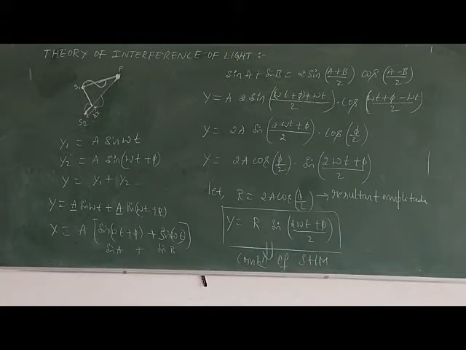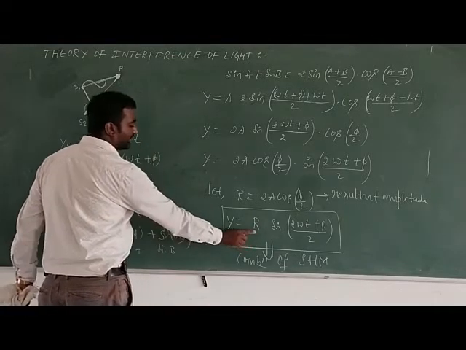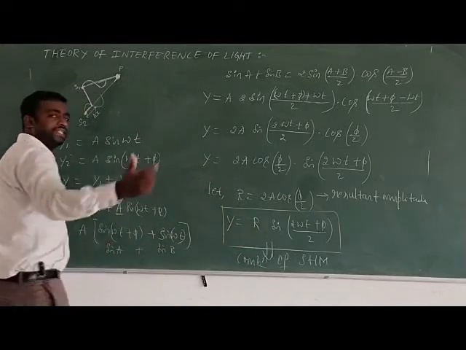The final displacement equation that we got is the combination of simple harmonic motions. That is completed. Now I'll move to the next concept, the conditions for constructive interference and destructive interference, based on that resultant amplitude formula. Why? Because this resultant amplitude formula decides the intensity of the wave.